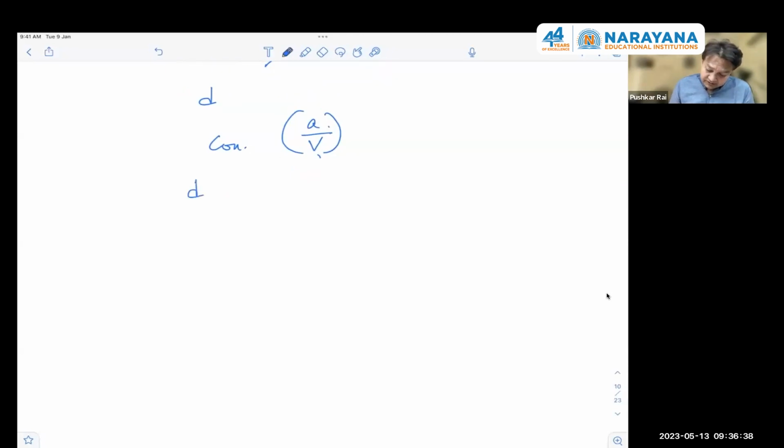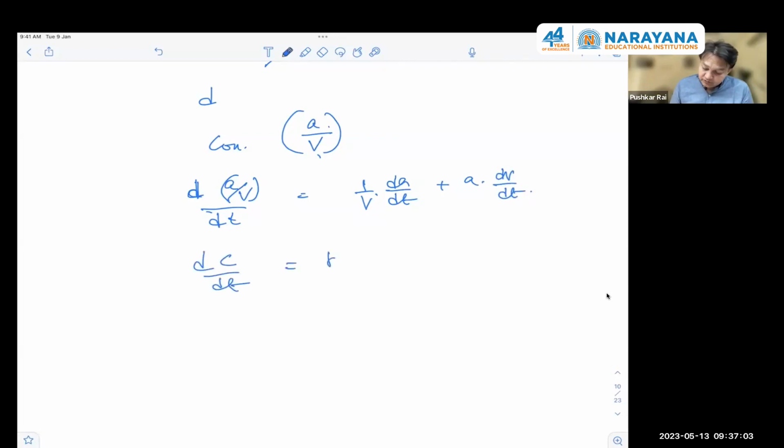Can I say that d of (A by V) by dt, if I write it like this, becomes (1 by V) dA by dt plus A dV by dt? So basically we're saying that dC by dt is equal to kC.